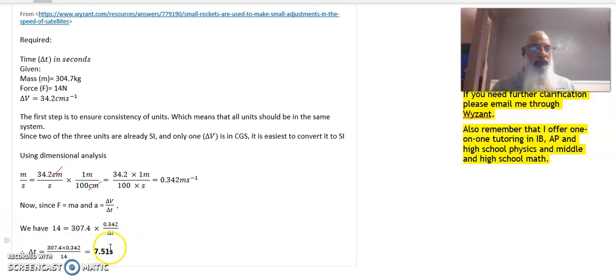And then we rearrange so that we have delta t equals 307.4 times 0.342 divided by 14. And that comes out to 7.51 seconds. So that is the time, or the duration, for which the rocket should be turned on to cause the change in velocity as desired.